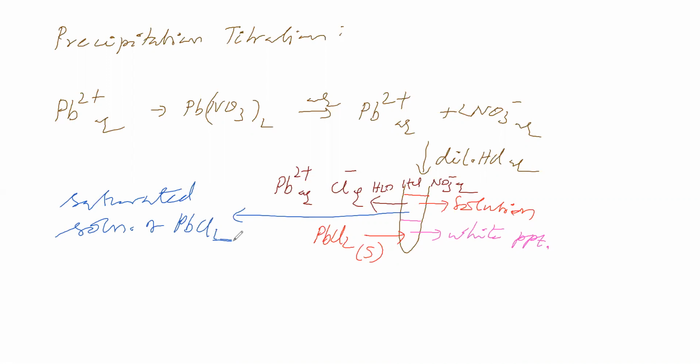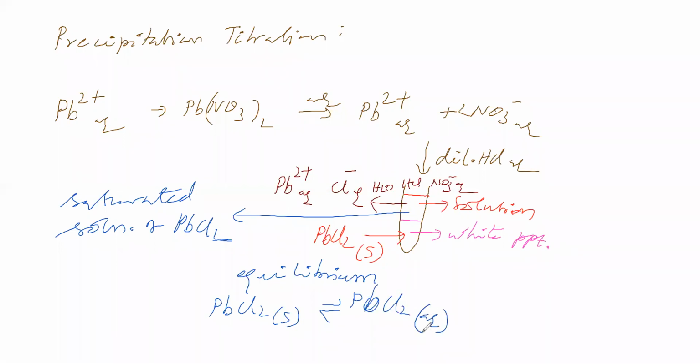Saturated solution means that the solution has an equilibrium. Equilibrium between what? Between PbCl2 solid, that is the white precipitate, and PbCl2 aqueous, the dissolved substance.